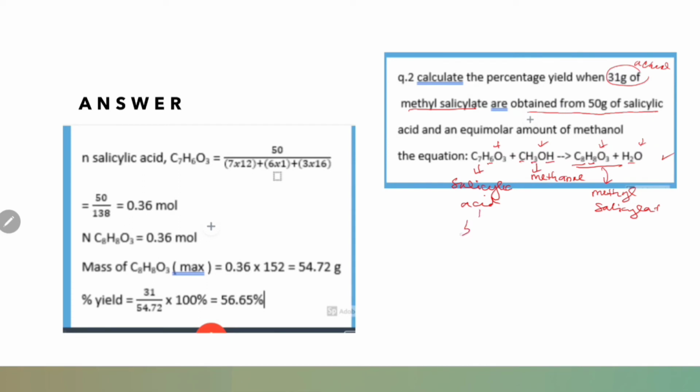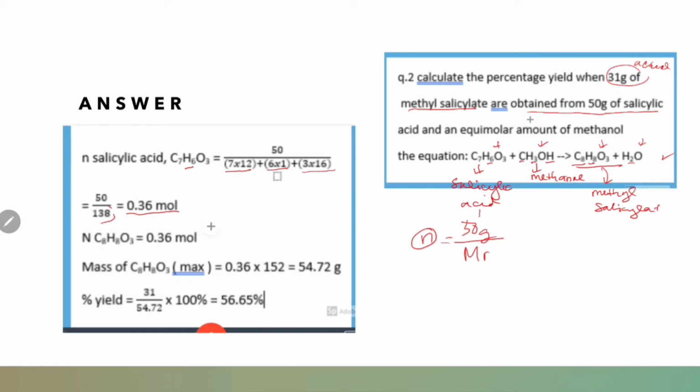Then we find out the mole, mass divided by the mR. The mR is 7 times 12 for carbon, for hydrogen 6 times 1, for oxygen 3 times 16. So the mR is 138. So the number of mole of salicylic acid is 0.36 mole.